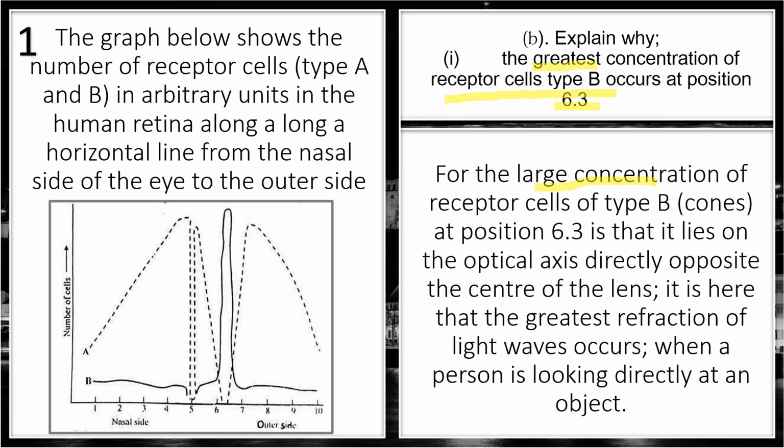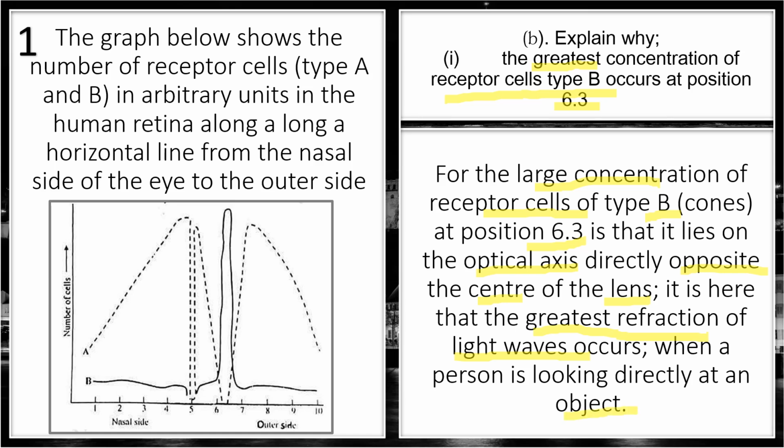The large concentration of receptor cell type B, which are the cones, at position 6.3 is that it lies on the optical axis, directly opposite the center of the lens. It is here where the greatest refraction of light waves occurs when a person is looking directly at an object.